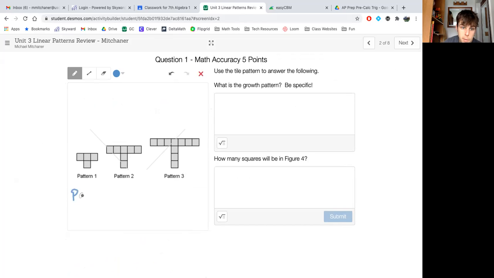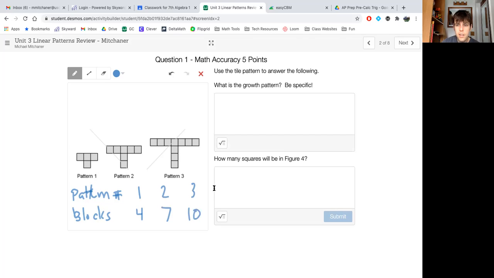So we could have our pattern number and then the number of blocks. So for pattern 1, pattern 2, pattern 3, we have 4 blocks in pattern 1, 7 in pattern 2, and 10 in pattern 3.